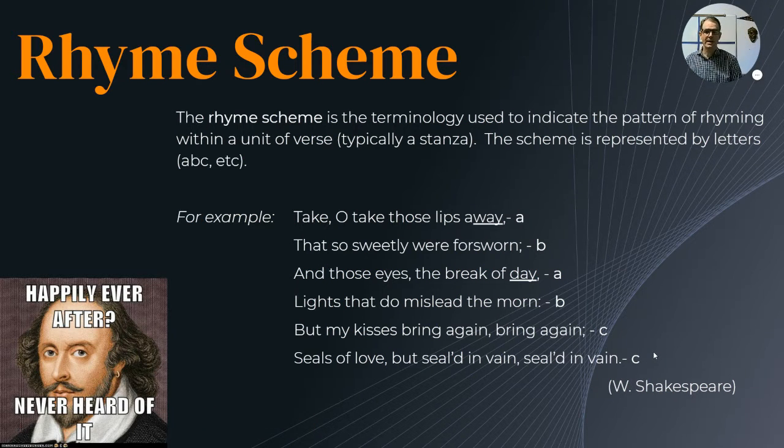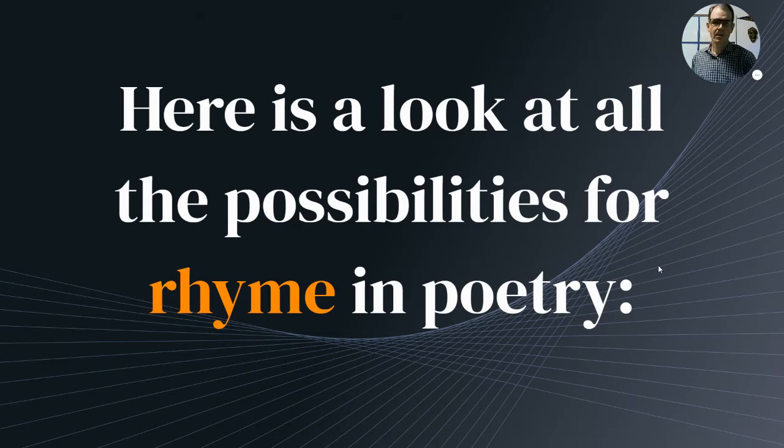Because away and day rhyme, forsworn and mourn rhyme, and again and vain rhyme, we have what's called an AB, AB, CC rhyme scheme. So you just go A, B, A, B, C, C. And that's a way of mapping out the rhyme.